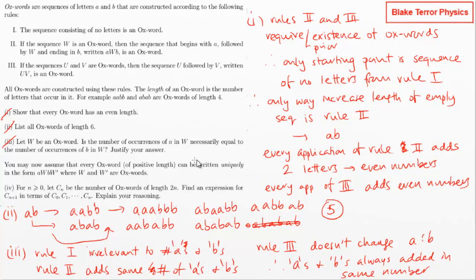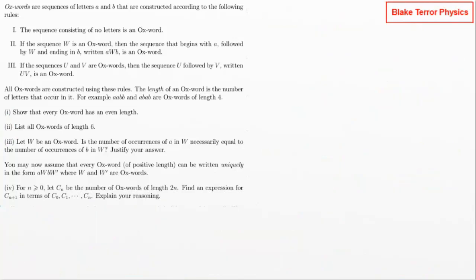And expecting this to be wordy, I can go to a new blank sheet. For the last part, hopefully we won't need to use any of the results of the previous parts. You may now assume that every Oxword of positive length, well, how do you get a negative length string? What does that even mean? Okay, well, let's not worry about that because we're assuming that they're positive length.